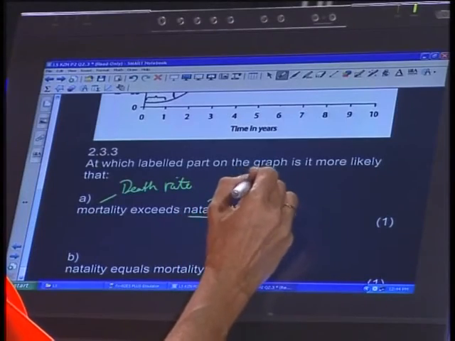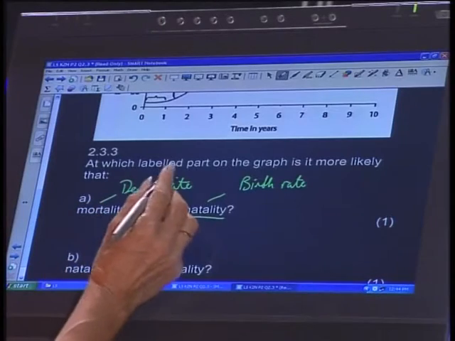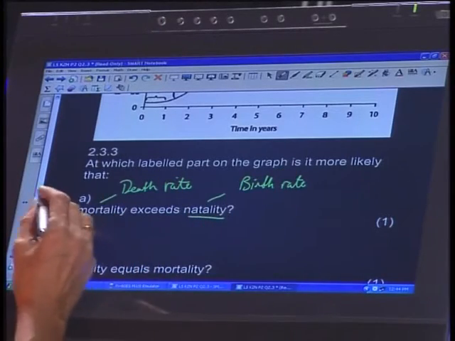And natality is the birth rate. Remember, and this is easy to remember, girls, women, go to antenatal classes before they have their babies. Okay, so natal means before birth. So natality, birth rate.